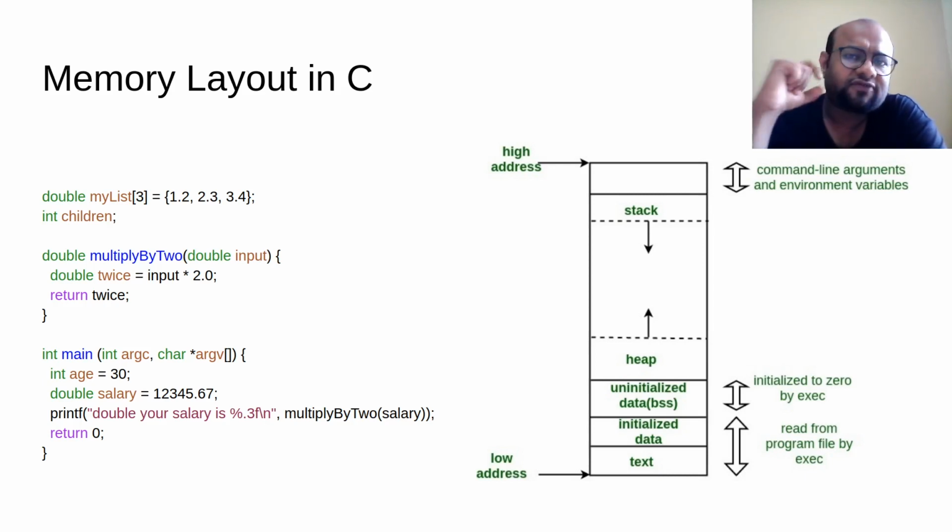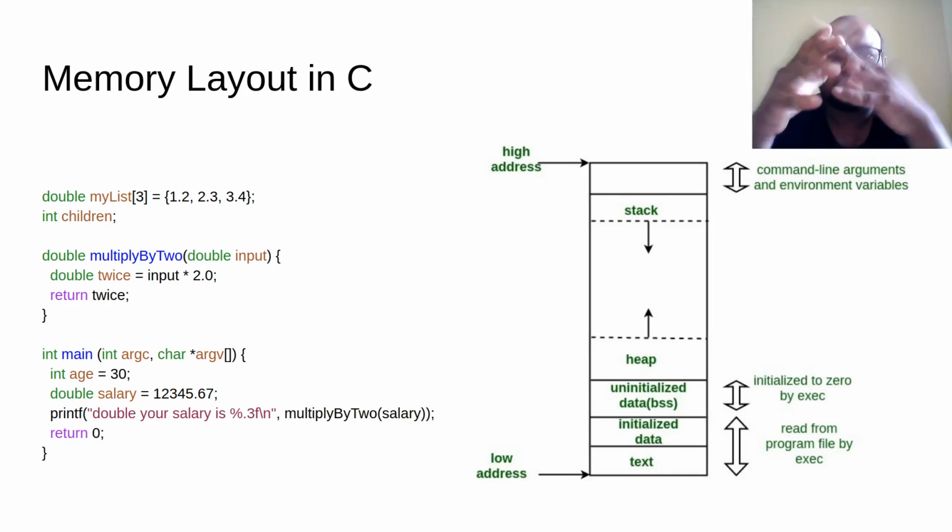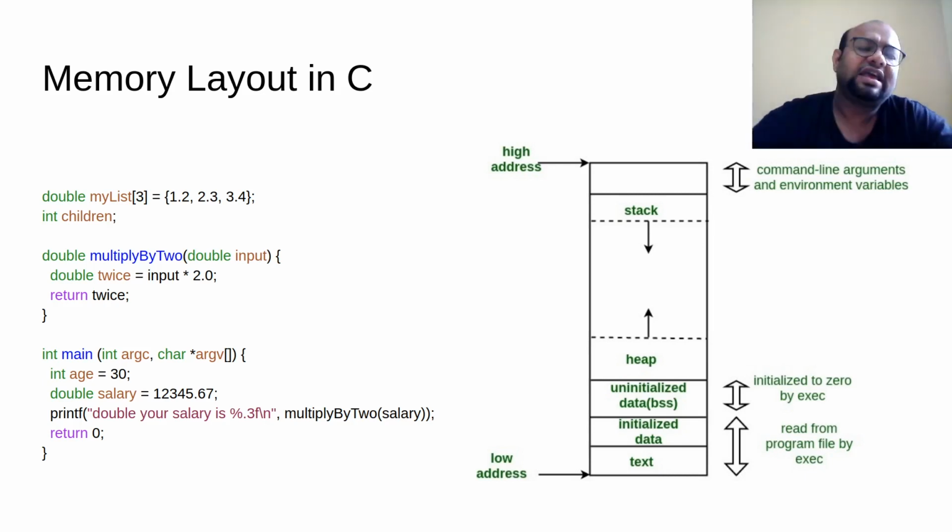After this code memory comes data memory. This data memory is divided into two parts. In the first part, the initialized data memory, these global variables would be there, and then in the uninitialized data memory, all the global variables that are not initialized will be there.